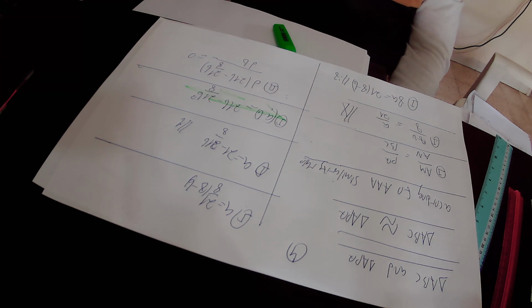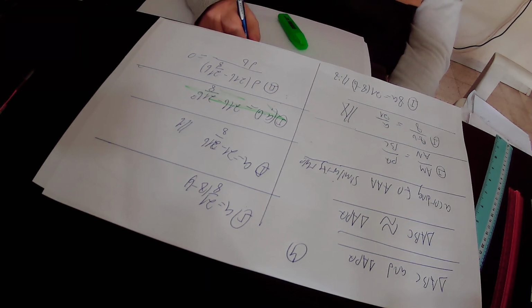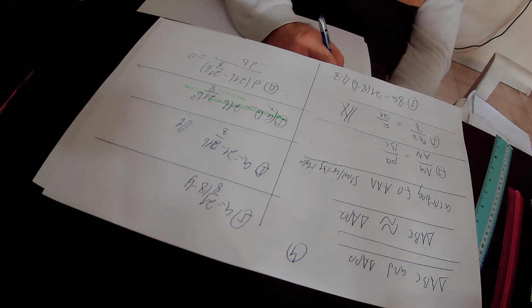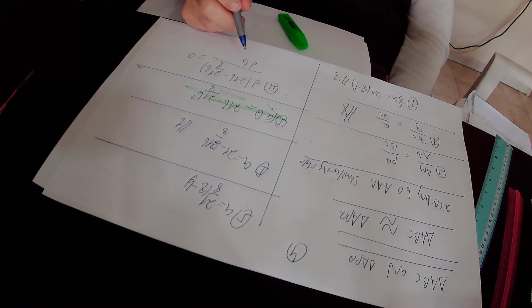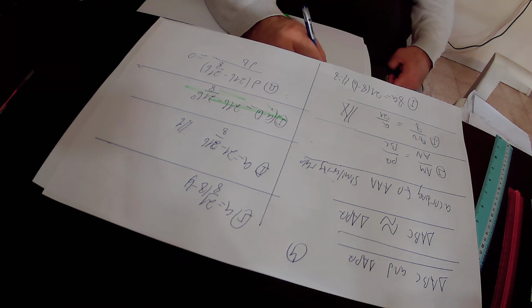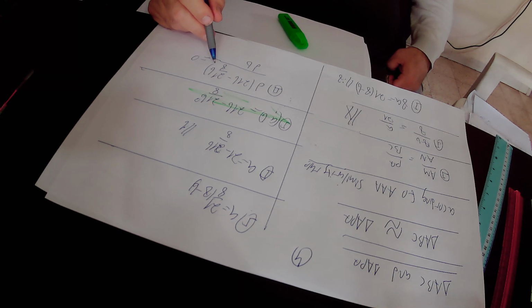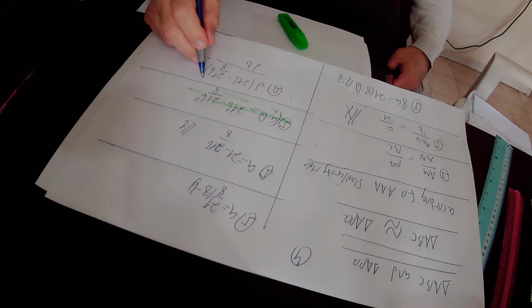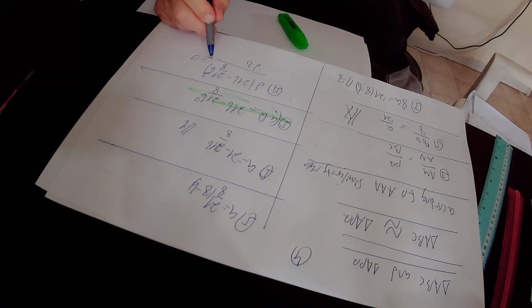So what is the derivative of 21B? We know that the derivative of B is 1, and therefore the derivative of 21B will be 21 times 1, that is 21. And what is the derivative of minus 21 over 8 times B squared?